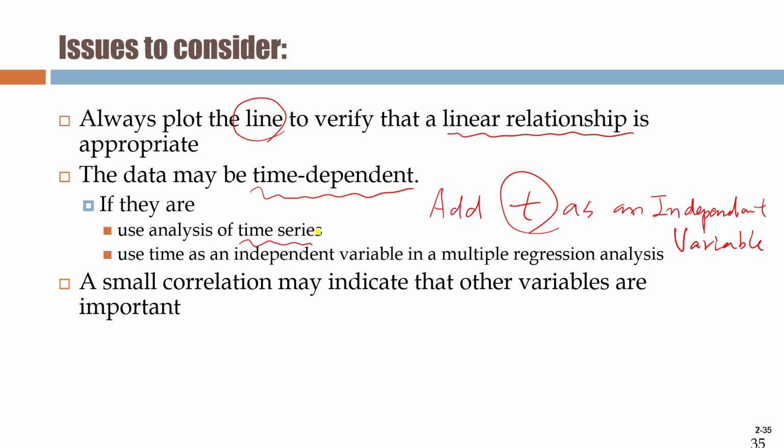But if you think a lot of different things matter, you can use time as an independent variable. Not only the time: time series analysis uses only the variable t. But if you think all other factors are also important, you can just add t as an independent variable.